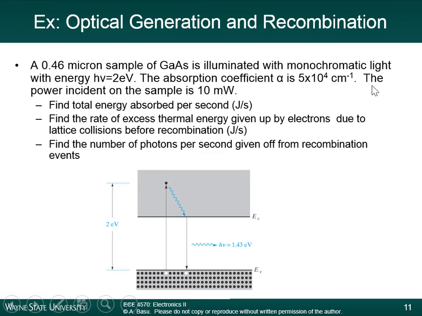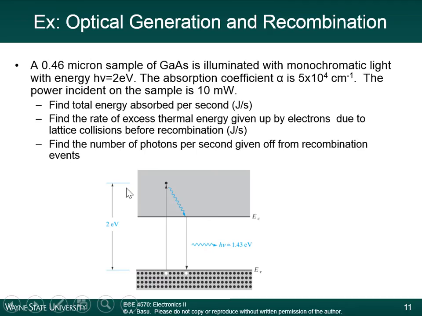We'll go through this problem one step at a time. The absorption coefficient is 5 times 10 to the 4 inverse centimeters. Power incident on the sample is 10 milliwatts. The first part is to find the total energy absorbed per second, in joules per second.